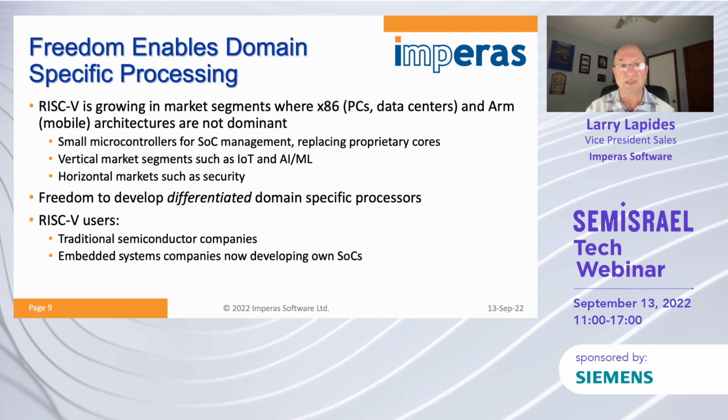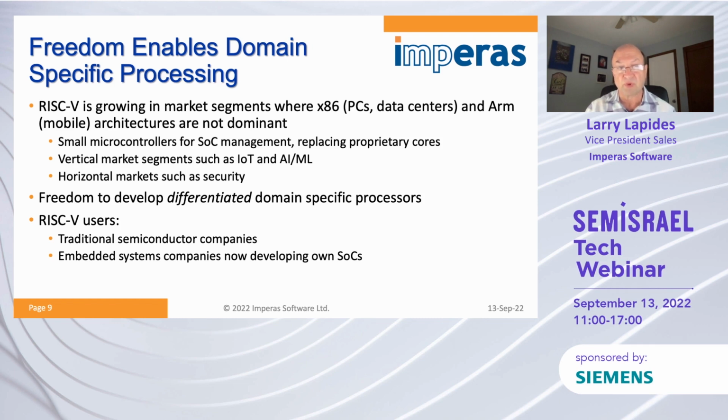What the freedom does is to enable domain-specific processing. So RISC-V is growing in market segments where x86 and ARM architectures are not dominant. So this could be small microcontrollers for SoC management, replacing proprietary cores, vertical market segments such as IoT and AI and machine learning, horizontal markets such as security.